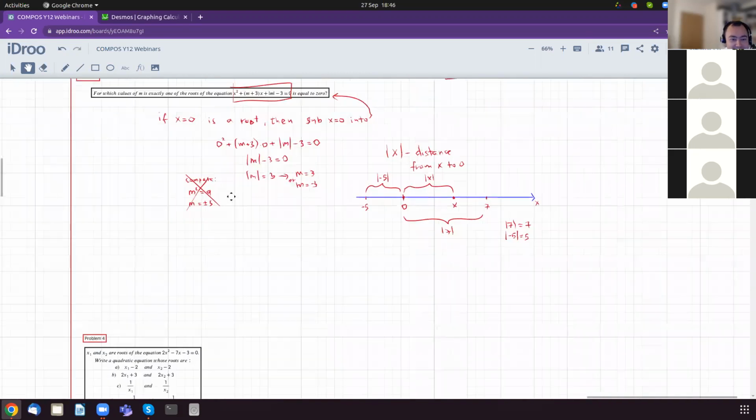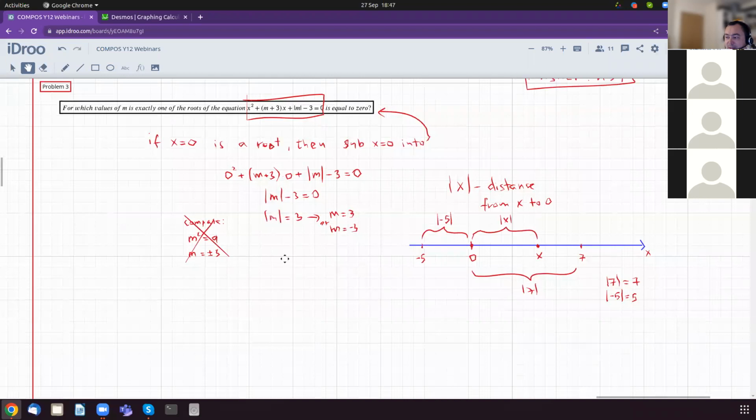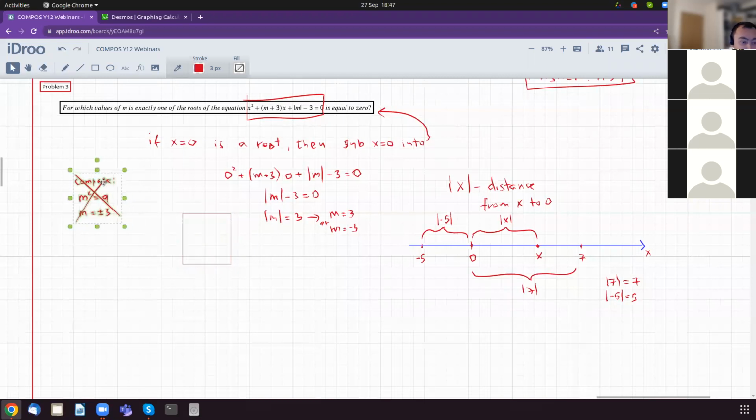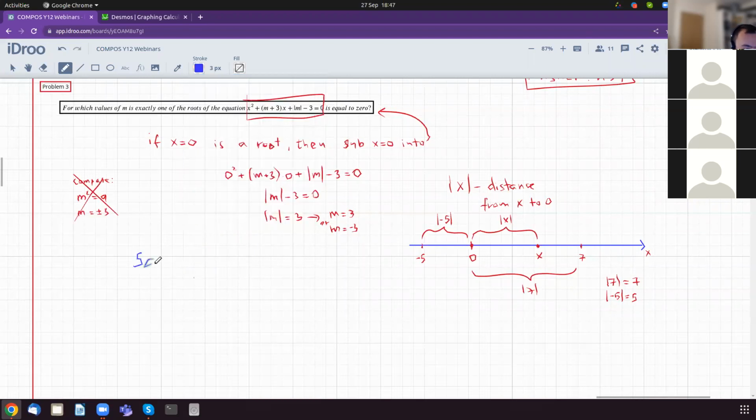Right. Now, is that enough? We found two different values. They cannot both be 0, of course, so we need to check that both of them are not 0. Since we only have two values, we do a sanity check. Let's say m is 3.